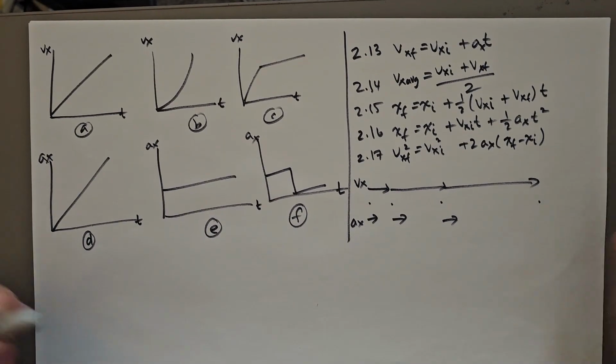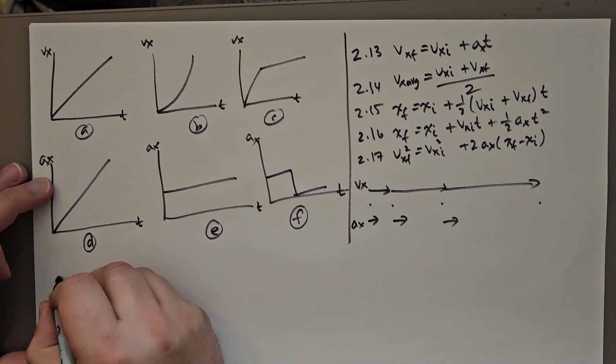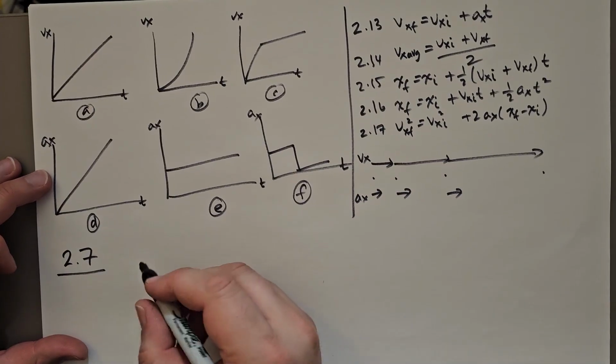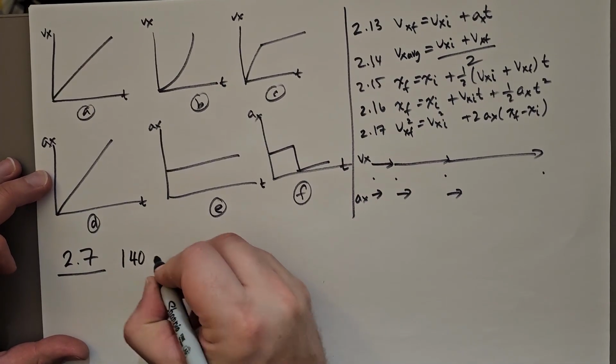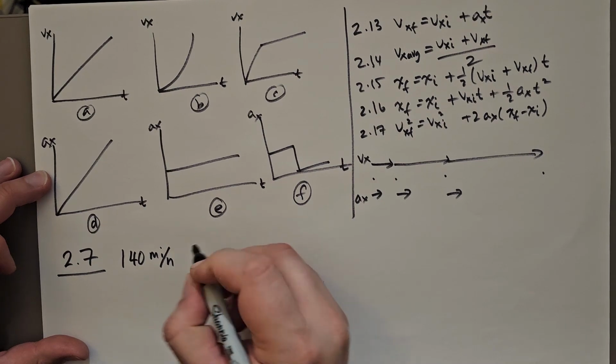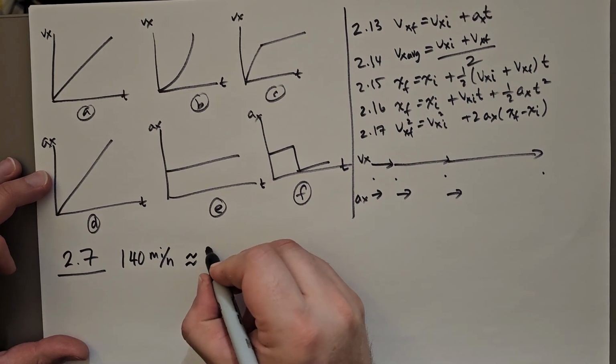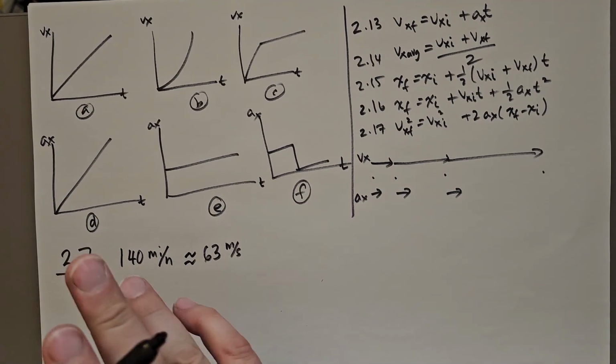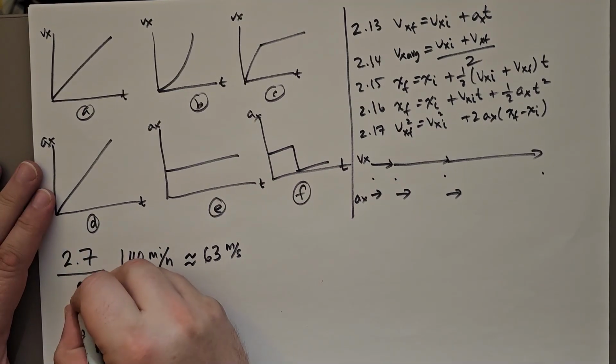All right, example 2.7, we're gonna land on a carrier. Okay, welcome to the Navy. A jet lands on an aircraft carrier at a speed of 140 miles per hour, which is about 63 meters per second, okay? Question A, what is its acceleration?